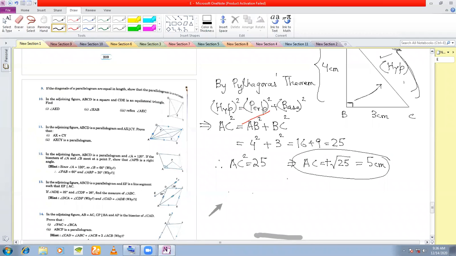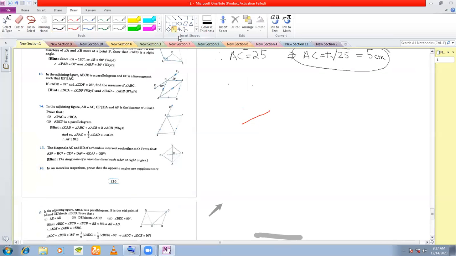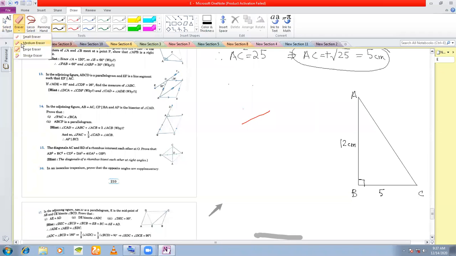With the help of Pythagoras theorem, you can find out the length of the hypotenuse. In fact, why only hypotenuse? Even if two sides are given here, suppose this is a triangle given here, this length is 12 centimeter and this length is, let's say, given to be 13 centimeter, and you need to find out the length of BC.